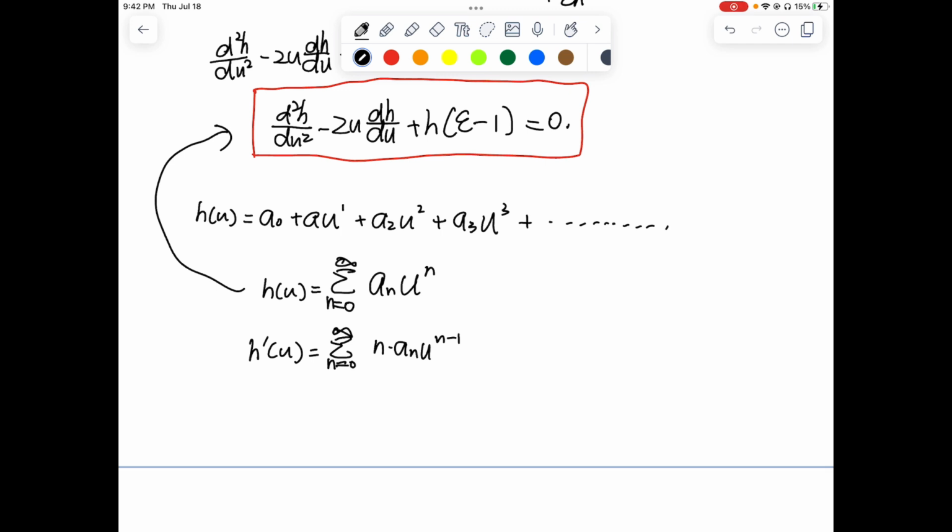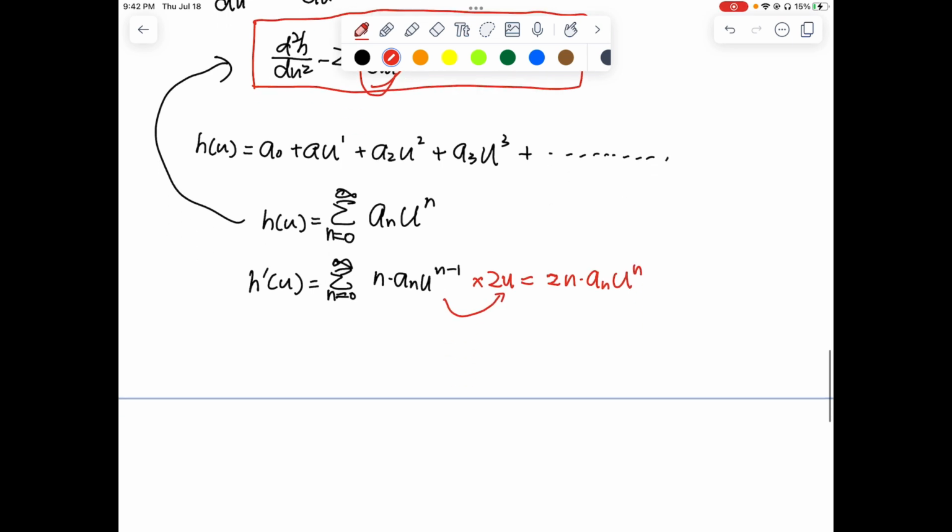In our equation, our first derivative is multiplied by 2u, so we can do it here. Multiplying by 2u gives us 2n times a n times u to the n, because u to the negative 1 times u is just u to the n.